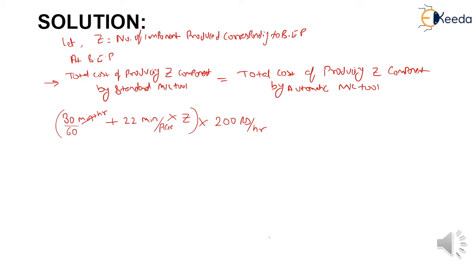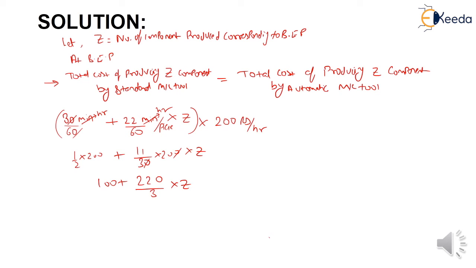Here minutes are converted into hours by dividing by 60, because the machining rate is given per hour. Hour cancels with hour and rupees remain, so the total cost is found in rupees. Calculating: 1 by 2 into 200 plus 11 upon 30 into 200, into Z. So 100 plus 220 upon 3 into Z. This is the total cost of producing Z components by the standard machine tool.